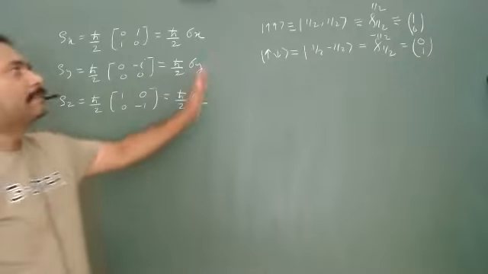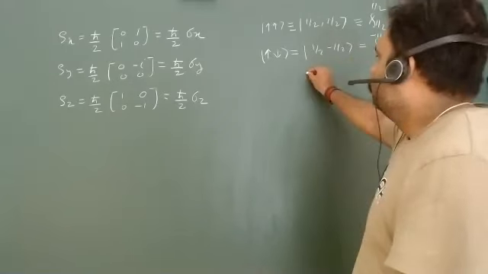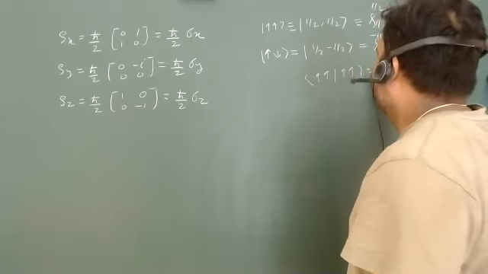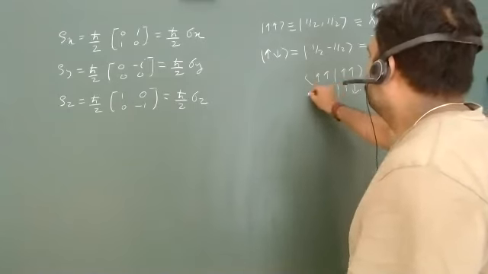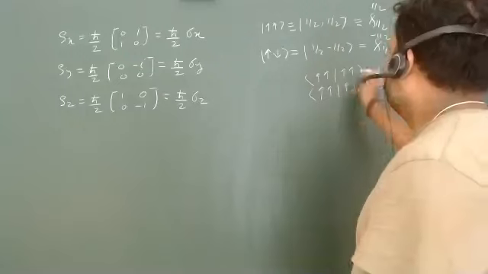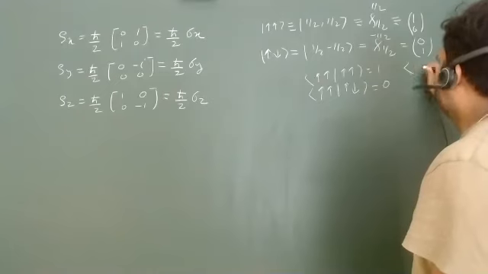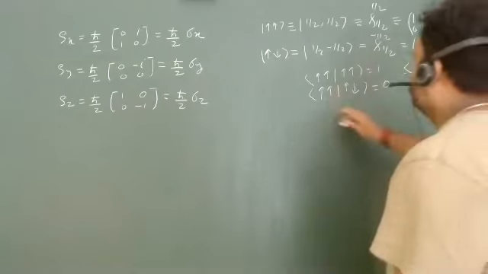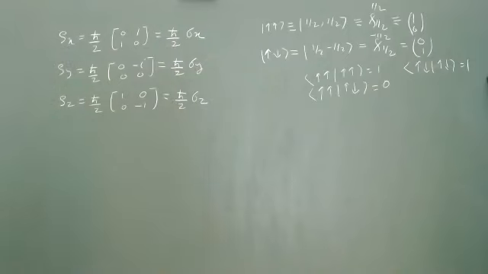In the examination they can ask with any notation, and you have to be very clear. Up with up is equal to 1, up with down is 0, and down with down is 1. This is the orthonormal relation, so don't worry about it. Sometimes we take up, sometimes down, it's up to you.